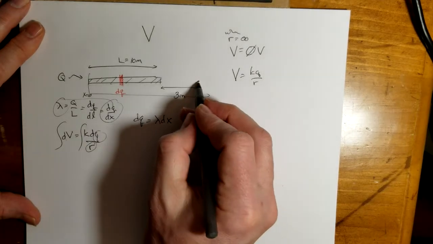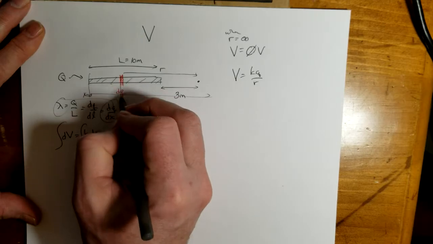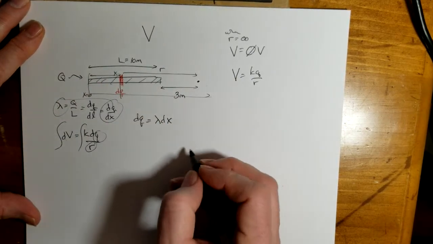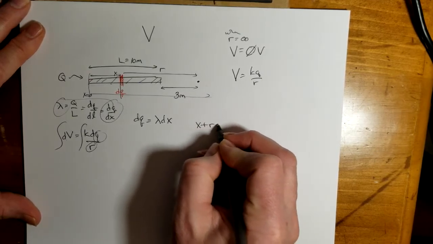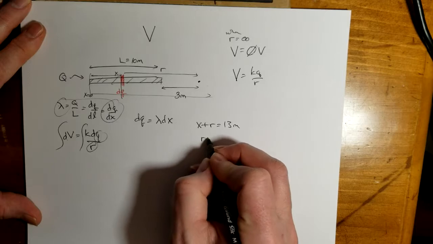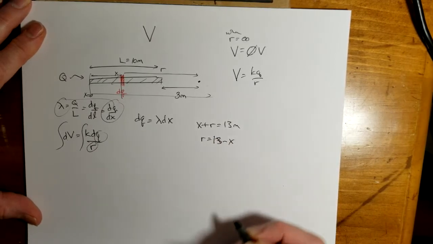R is the distance from here to here, so this is R, and this is at some location x. In other words, that distance there is x. So x plus R is equal to 13 meters, and so R is equal to 13 minus x.